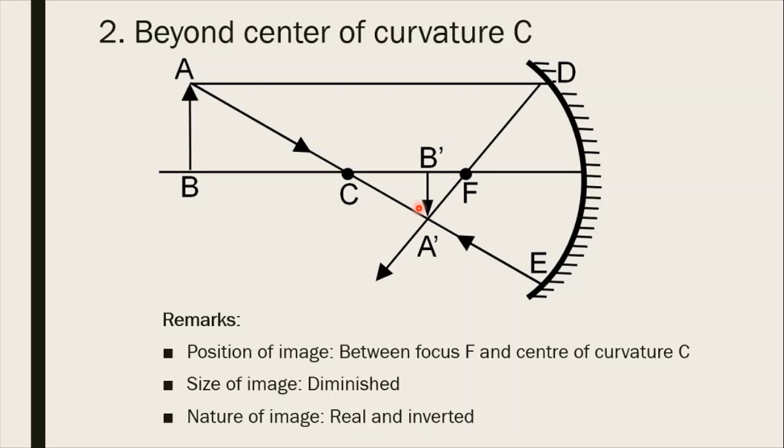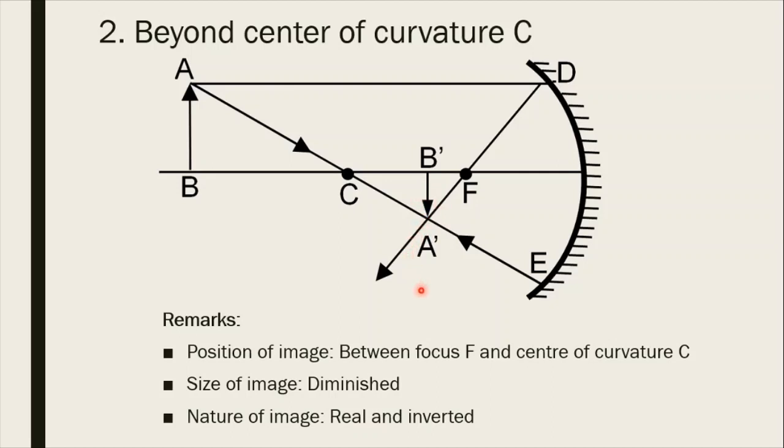And while writing similar triangles, we write it as triangle ABC is similar to triangle A'B'C, and not maybe C, B', A. Thus, if the arrow marks towards A, the arrow has to mark towards A' as well. This is how we draw the formation of an image.